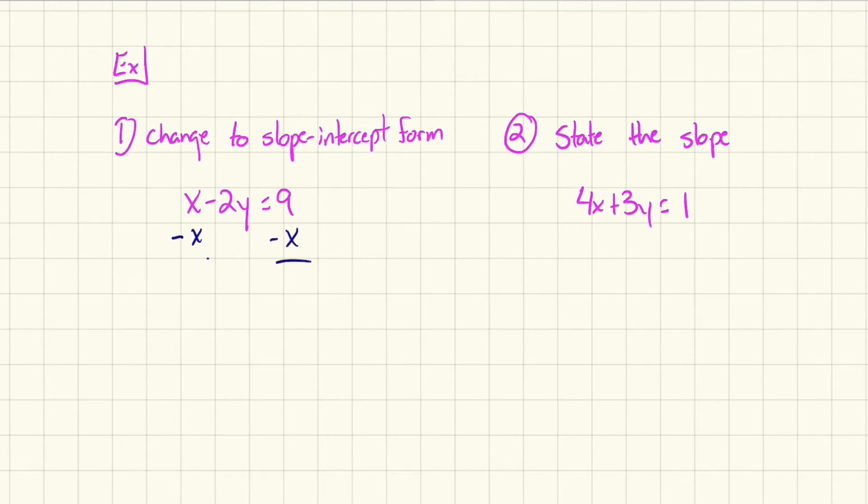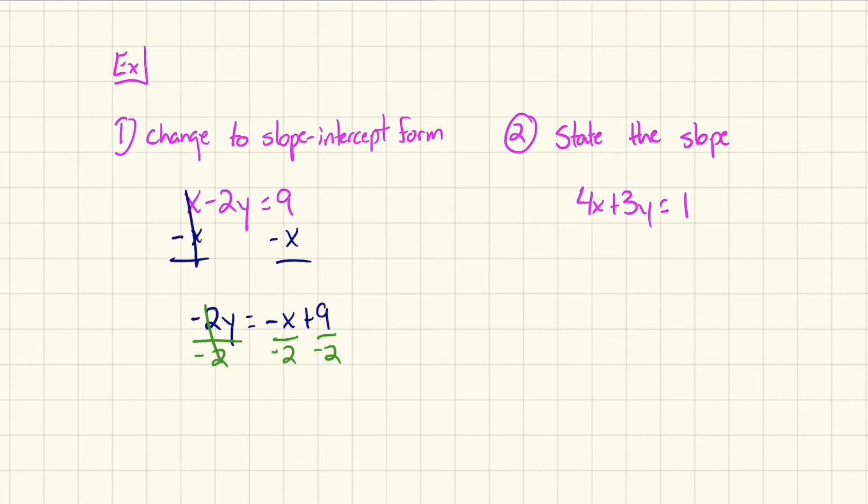I'm subtracting because the original x is positive. So x minus x cancels out. That leaves me with negative 2y on the left-hand side. On the right-hand side, I rewrite as negative x plus 9. My final step here is to divide every single thing by negative 2.